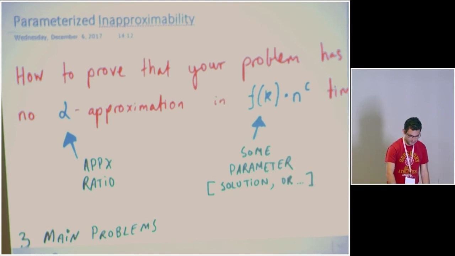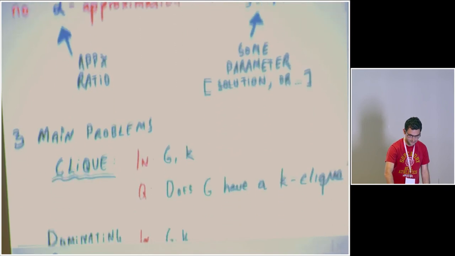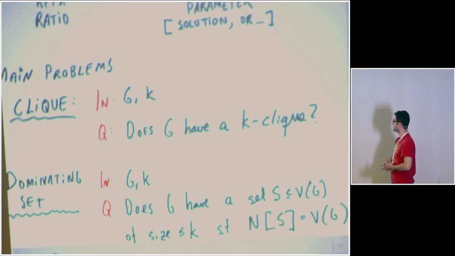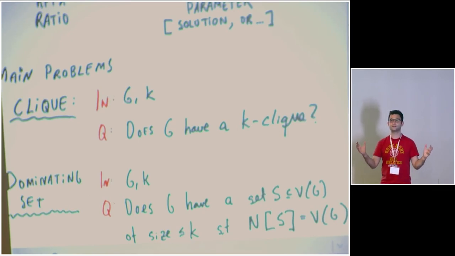So in this talk, I'm going to be focusing on three problems that you've seen already. Clique, I don't really need to define it, but still, you're given a G and a K, and you ask, does G have a K-clique? Or in other words, find the maximum set of vertices that are pairwise adjacent.